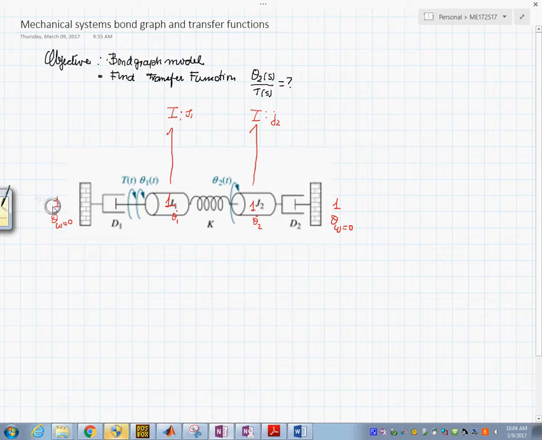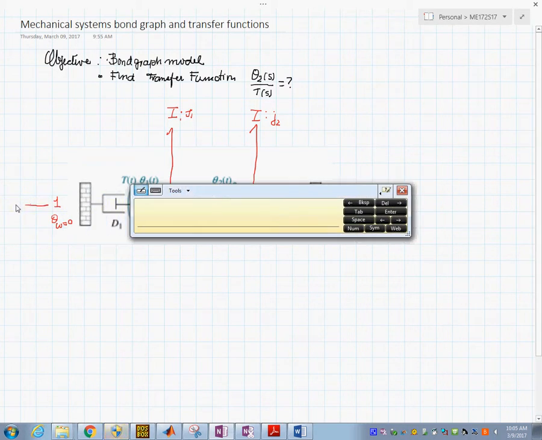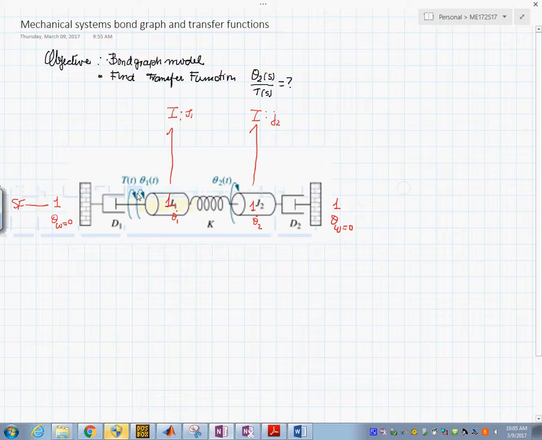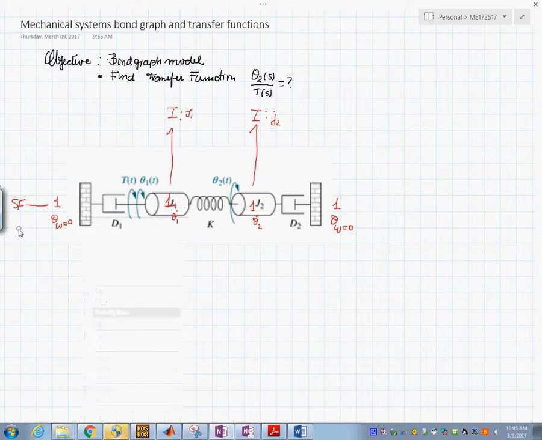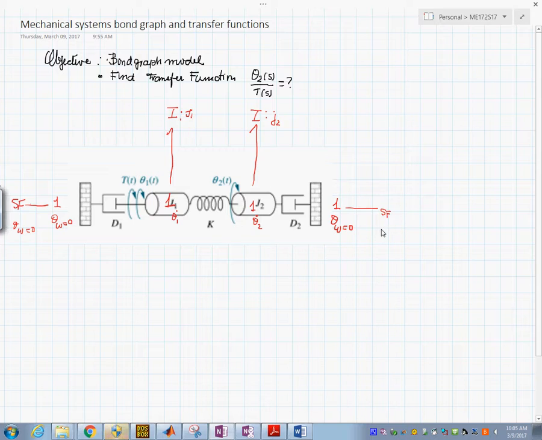This one in here is the source element with velocity 0, and so is this one. So this is an SF element that has theta of the wall equals 0, and this is my reference point. So this will be SF with theta of the wall also equals 0.